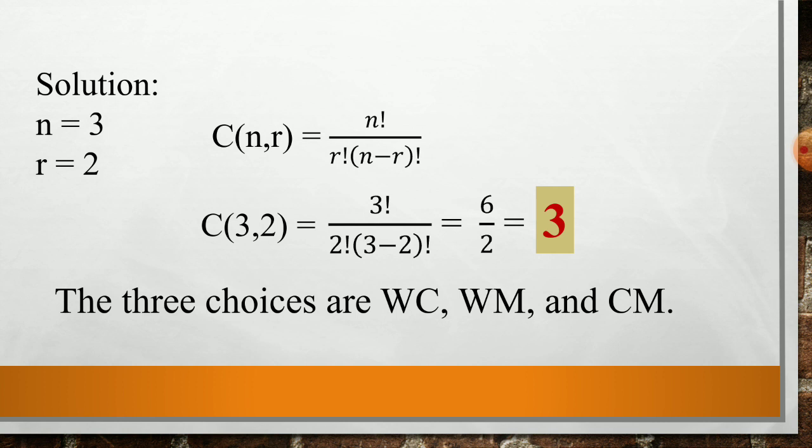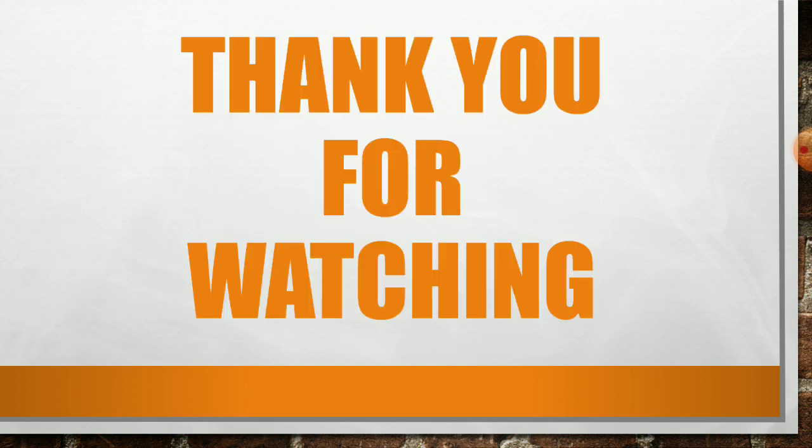The woman and a man is also the same as the man and the woman. The child and the man is also the same as the man and the child, because the order does not matter. That is about combination.